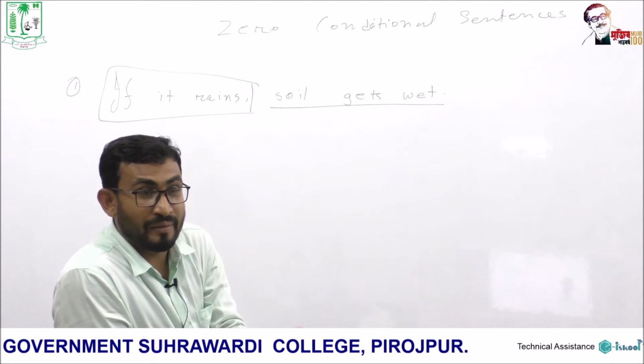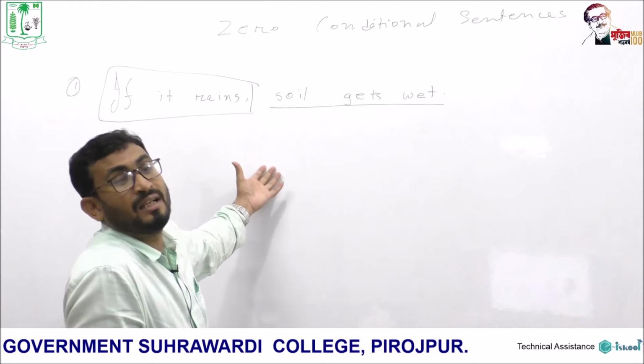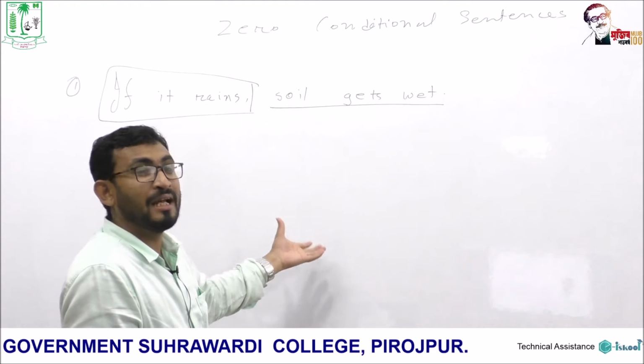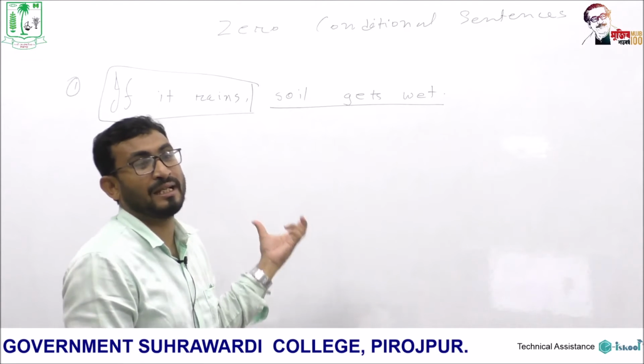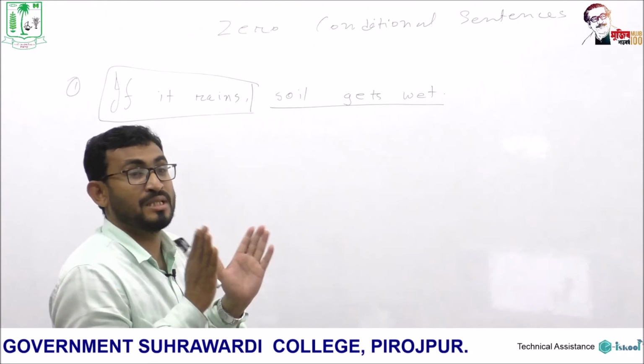But this is a natural event. It happens in the same way always, all over the earth. সারা পৃথিবীতে সর্বসময় একই ঘটনা যে বৃষ্টি হলে মাটি ভিজে যায়. This is a universal truth.